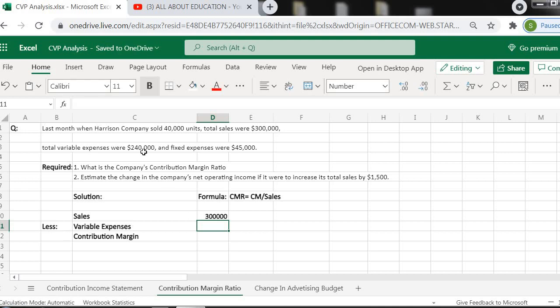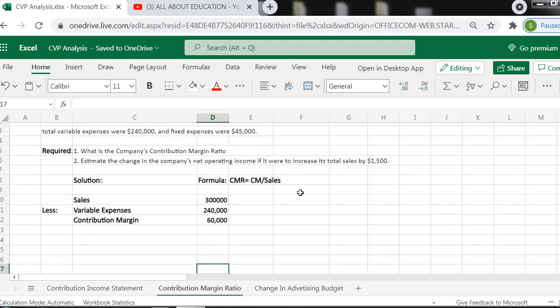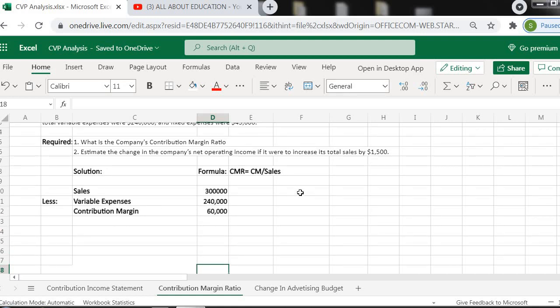Variable expenses are 2,40,000, right? So when we deduct this 2,40,000 from 3 lakh, so what we get? 60,000. This is our contribution margin. So we have calculated the contribution margin.